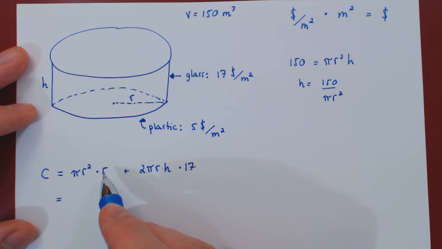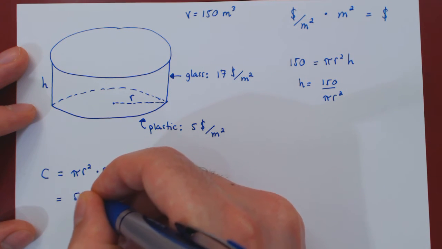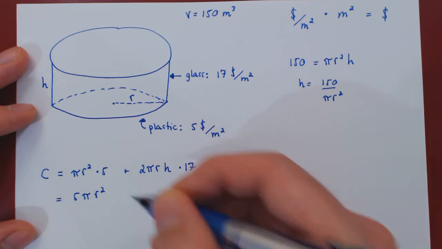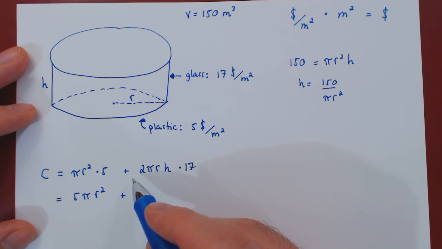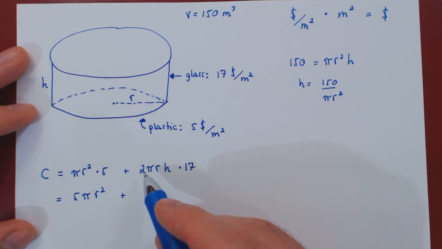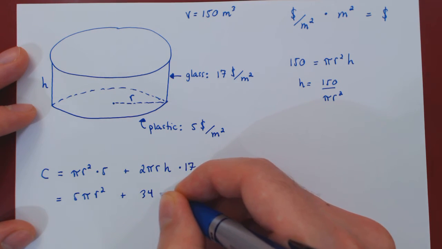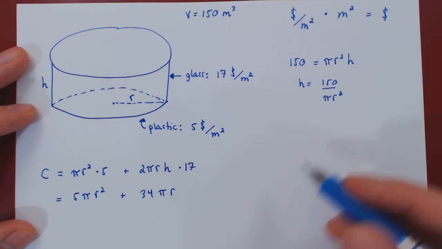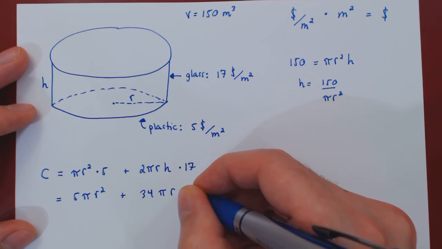I can put up the 5 here, so I have 5 pi r squared plus. I can pair the 2 and the 17, so 2 times 17, 34, so plus 34 pi r times h, and h is 150 over pi r squared.